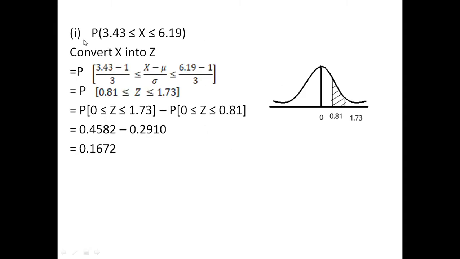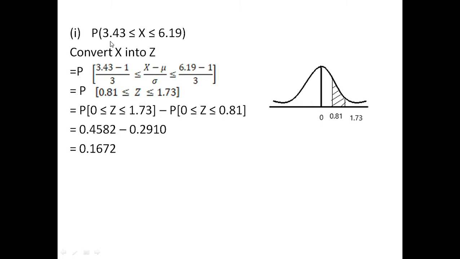Now part 1. First of all, you have to convert this x variable into the z variable, because I have told you before that for finding the probability, we will convert this normal distribution into the standard normal distribution. For converting, we subtract the value of the mean from the value of x and divide by sigma.